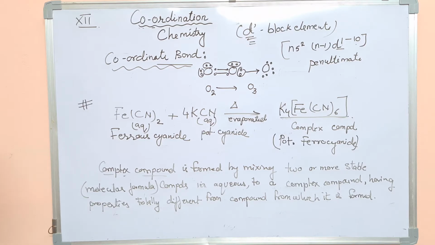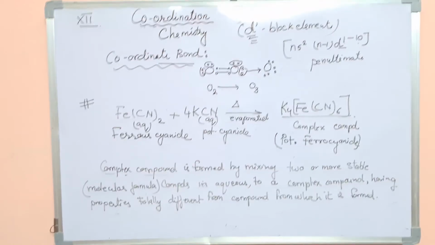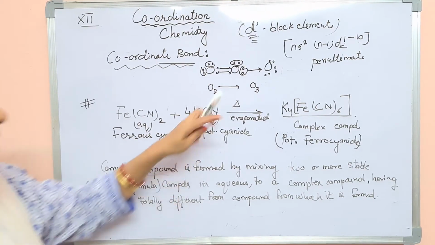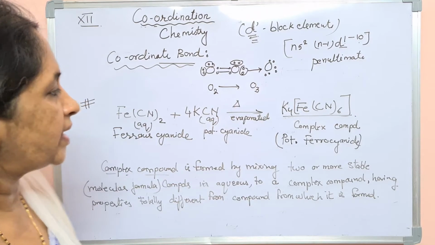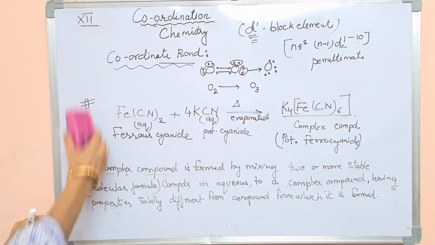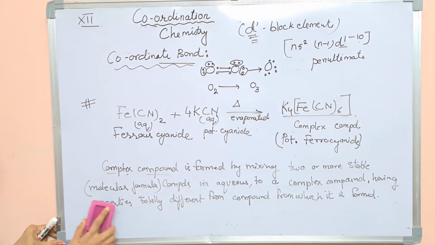रहती है. ठीक है? And the complex compound is having different properties in solid state and solution state. ठीक है? So now we will see the structure of this coordinate compound. I think this is clear to all of you.